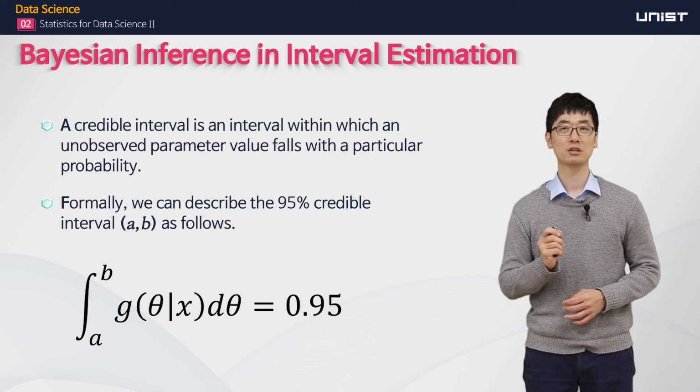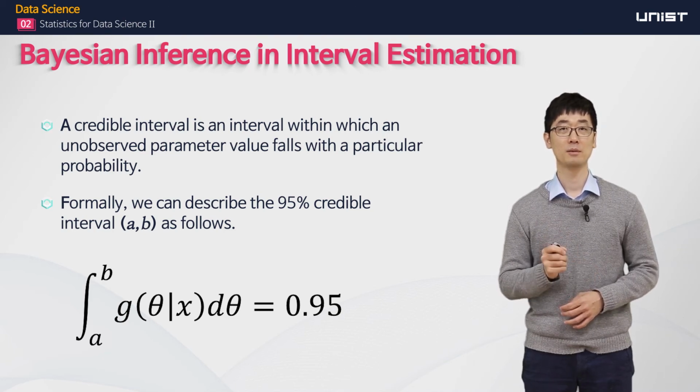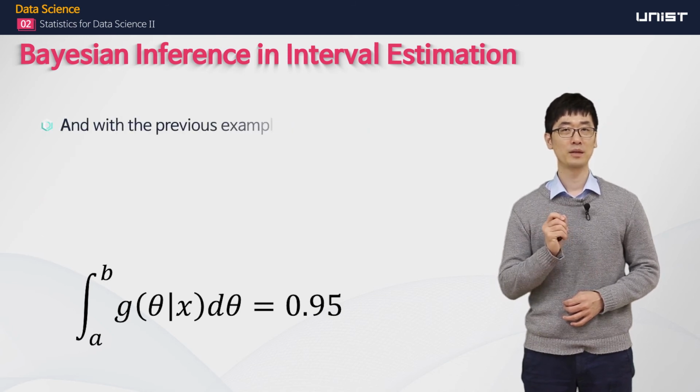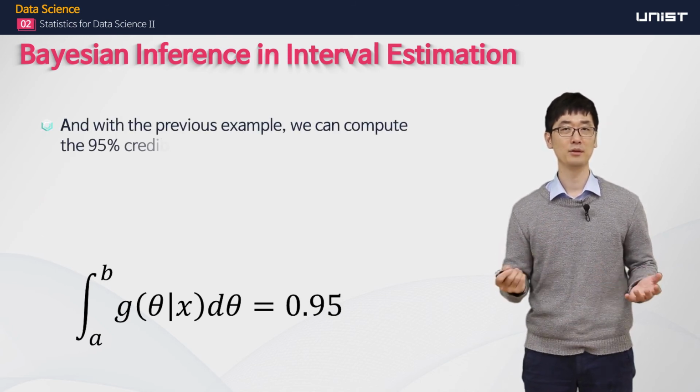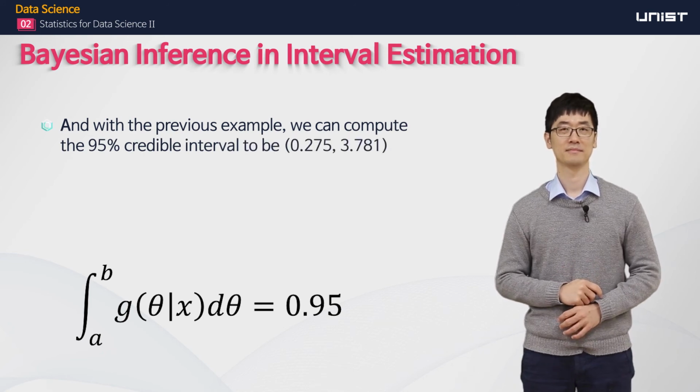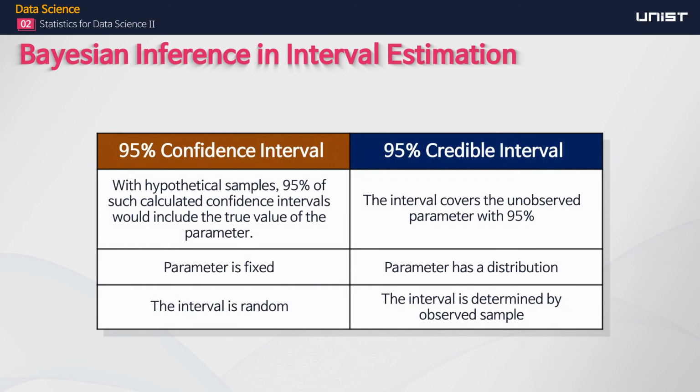Formally, we can describe the credible interval as follows. And with the previous example, we can compute the 95% credible interval. We can see the fundamental difference between frequentist approach and Bayesian approach by comparing the confidence interval and the credible interval.